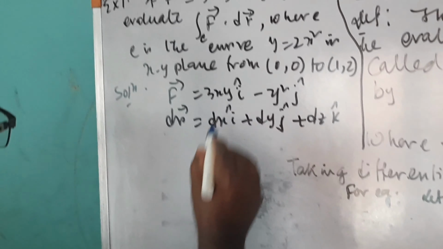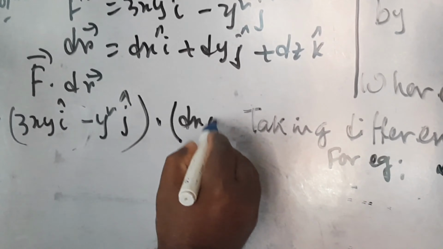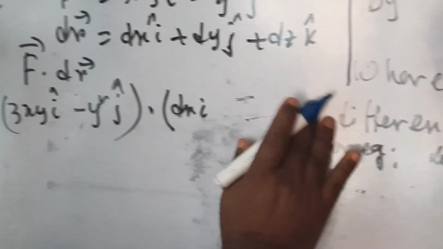You have to find the dot product F dot dr. So F dot dr is (3xy i cap minus y squared j cap) dot (dx i plus dy j plus dz k).